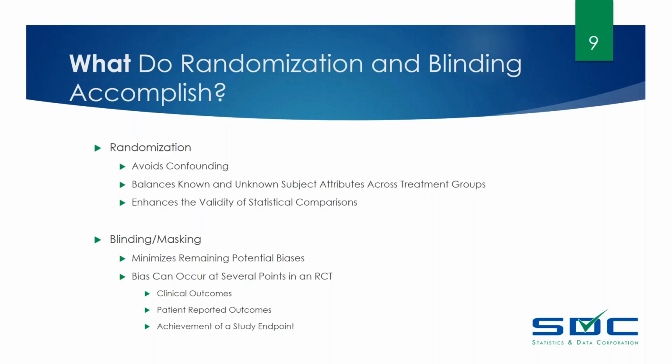Bias can also be imparted in clinical outcomes if investigators are aware of treatment assignment. Patients can change their behavior or self-assessment of key study endpoints, such as patient-reported outcome questionnaires. Committees charged with determining whether patients have achieved a study endpoint may be biased in their assessment if they are unmasked due to preconceived opinions of expected outcomes.